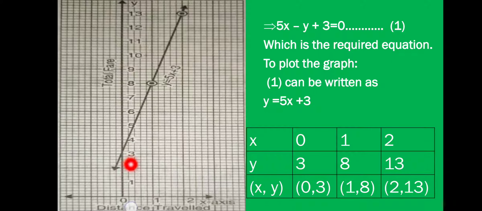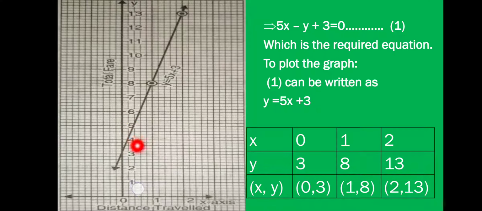So firstly we have a value of x up to 2, along positive x-axis. So 1, 2, we have two divisions up to 2. You can take up to 3 also. Then value of y is up to 13, so take values up to 13 along y-axis.